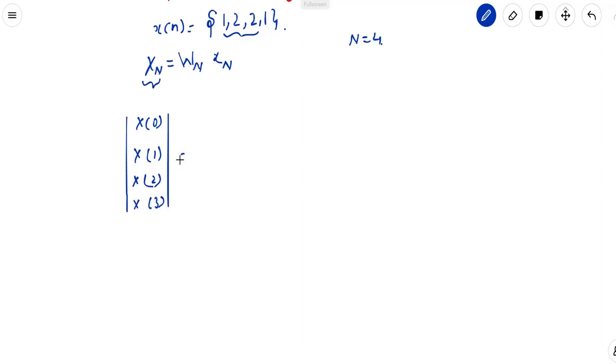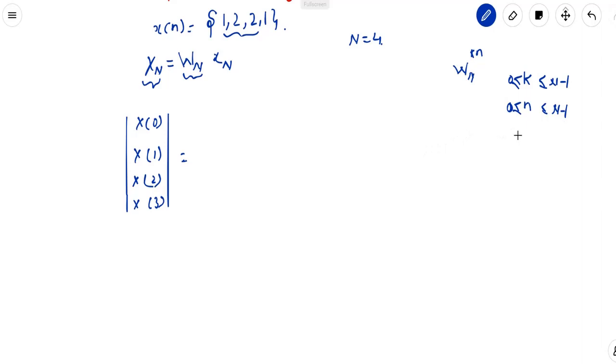is equal to matrix omega n is the matrix of 4 cross 4. So that is omega n kn. So what is k? K is also, the range of k is what? 0 to n minus 1, and the range of small n is also from 0 to n minus 1.